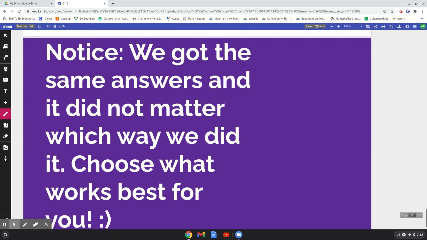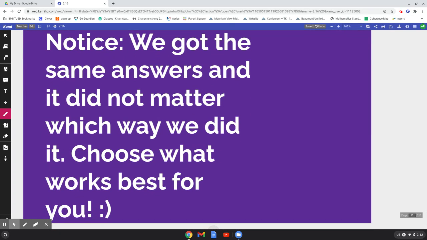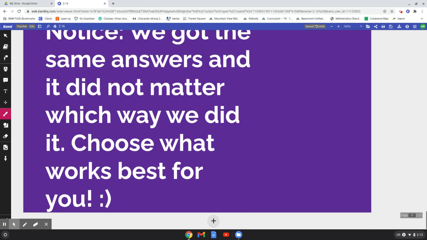So the ending of this is, notice we got the same answers. It didn't matter which way you did it. You're going to choose what works best for you. When you do your homework tonight for Khan Academy, they're going to be using the tape diagram and the table for most of what you do. So join the meet and we're going to start our practice.